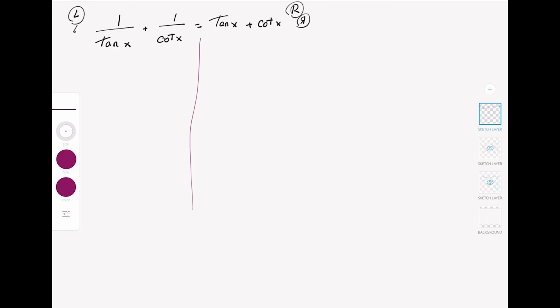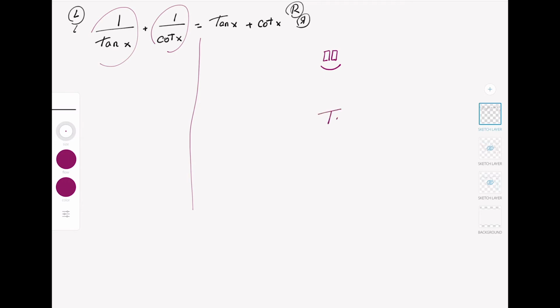Again, it would be great if you pause this video and solve it, and then watch the video to see if I proved it the same way you proved it. So here we have 1 over tangent, 1 over cotangent.